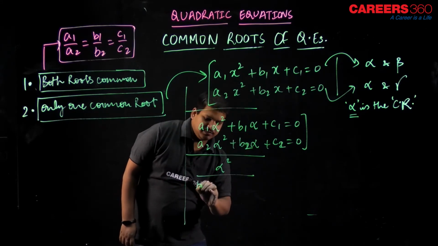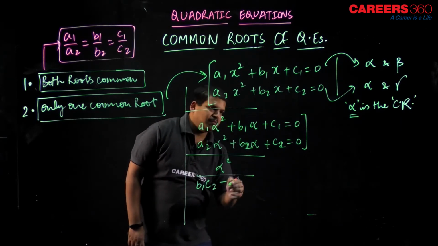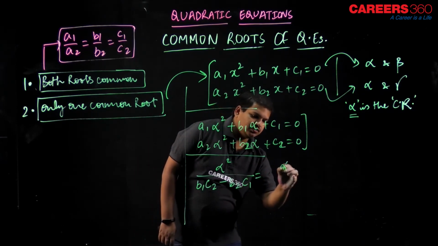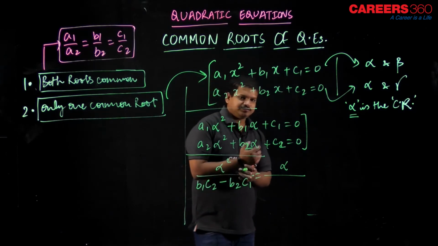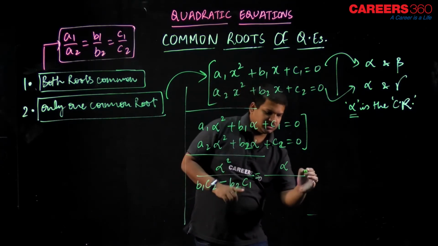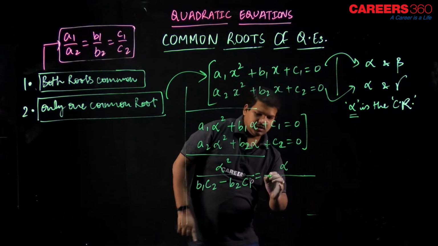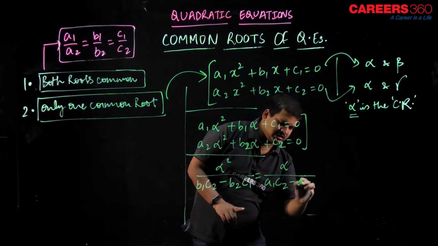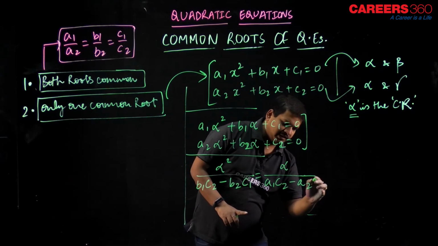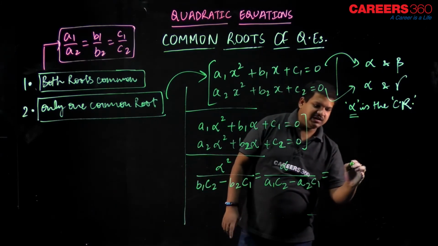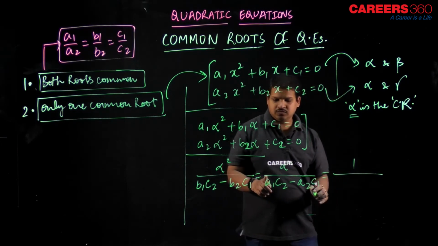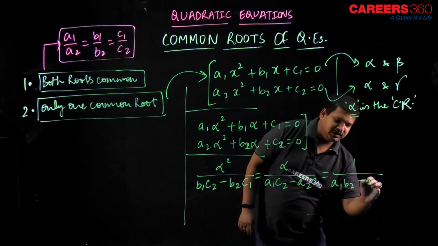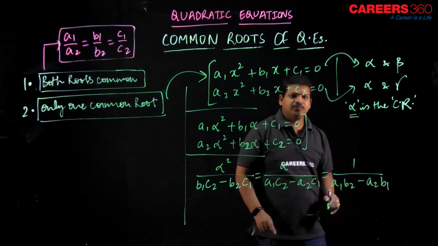So firstly b1 c2 minus b2 c1 is equals to alpha, then this will be a1 c2 minus a2 c1, and lastly 1 upon a1 b2 minus a2 b1, right?